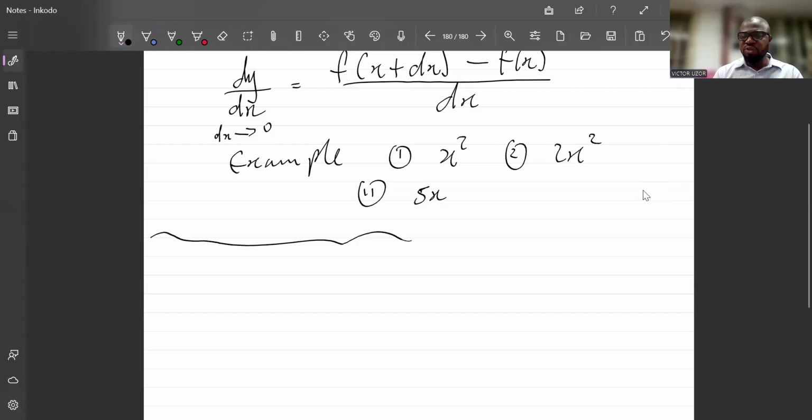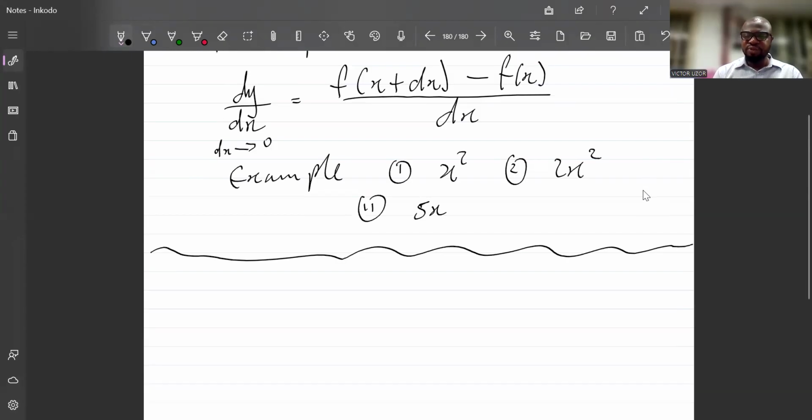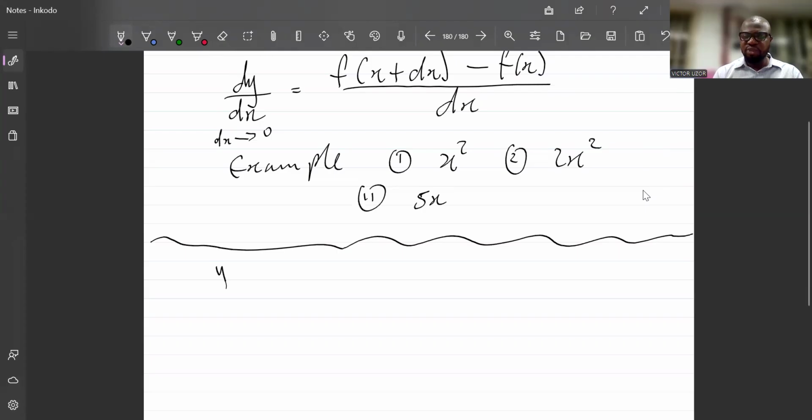So if you know how to solve differentiation using the general formula, you'll find out that if y is equal to x squared, then dy over dx using the general principle will be 2x raised to power 2 minus 1, which will give you 2x.